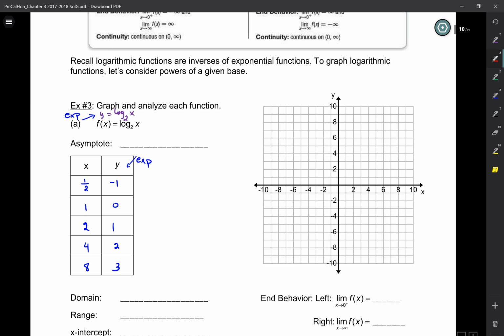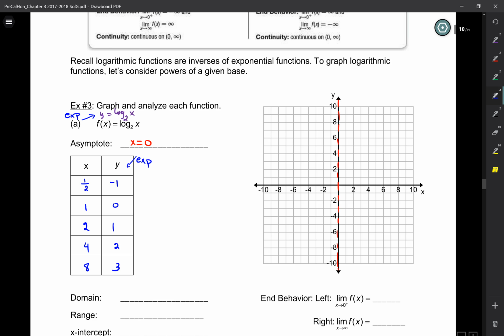logarithm. Okay, what's the asymptote? Is it horizontal or vertical? Vertical, so it's x equals 0. I love this stuff. I don't get to teach this as much as I would like. So when I teach it, I love it. Okay, so when x is 1/2, we're at -1. Yeah, so the y's are the exponents of 2.